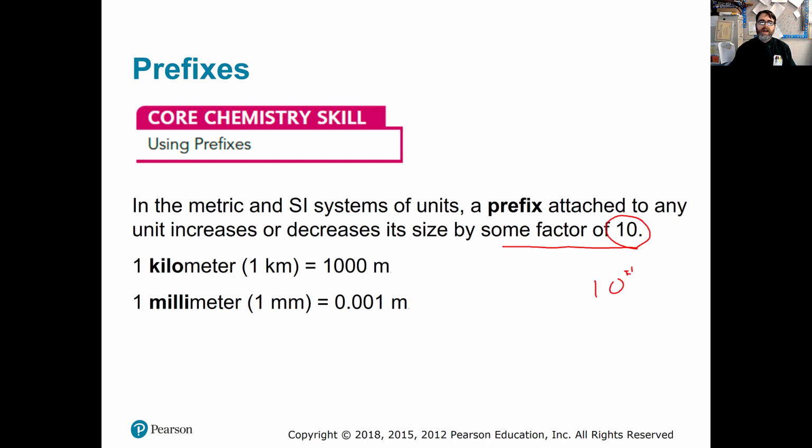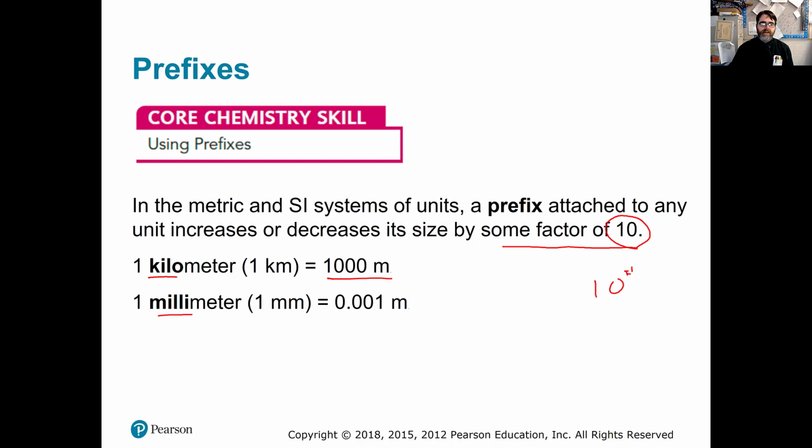Up here, and you may have been taught that it's the same as moving the decimal, and it is, but the actual math that's going on is we are either multiplying by 10 or dividing by 10 multiple times, depending on which way we're going. Anyway, a kilometer, kilo here literally means thousand, so we have 1,000 meters.